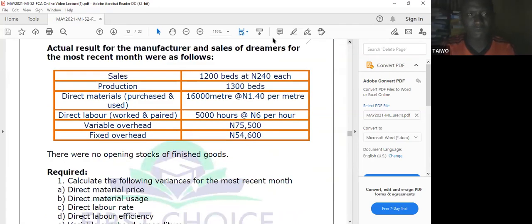Look at the actual information. Actual cost of material is 16,000 times 1.